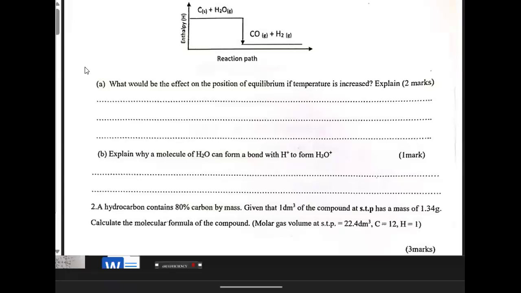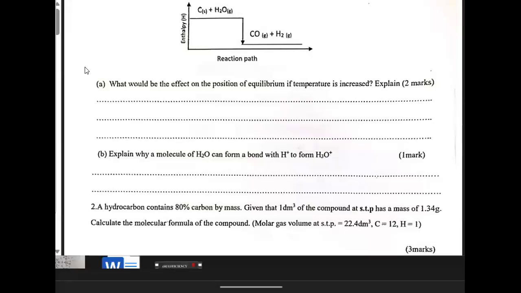That is, if the solution is acidic, because an acidic solution has got hydrogen ions. Now, those hydrogen ions in water are positively charged and they are too small, so they will interact with the water.